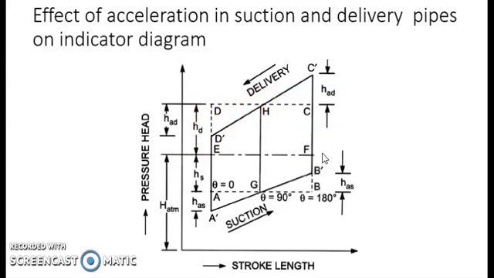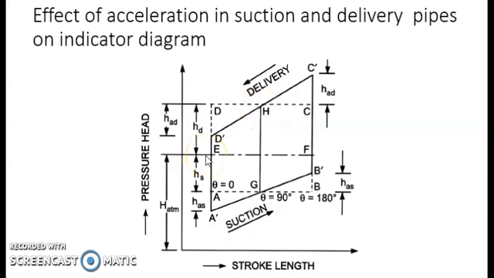So the pressure head in the cylinder at the beginning of the delivery stroke will be above atmospheric pressure head by a height equal to h_d plus h_ad. In the middle of the delivery stroke, the pressure head in the cylinder will be above atmospheric pressure head by a height equal to h_d.